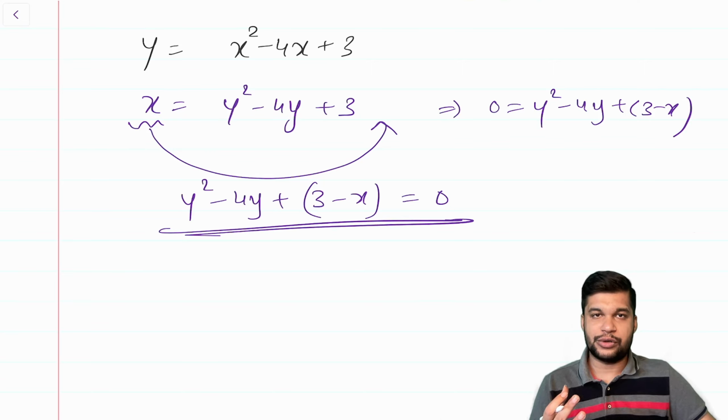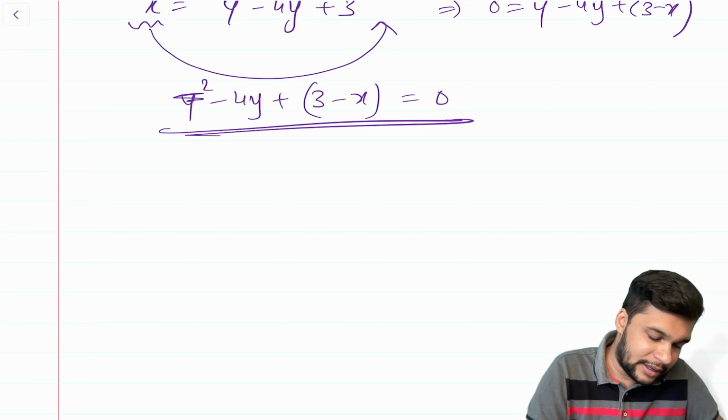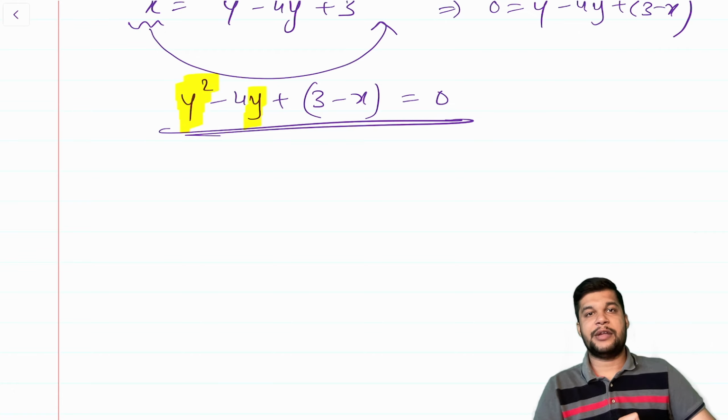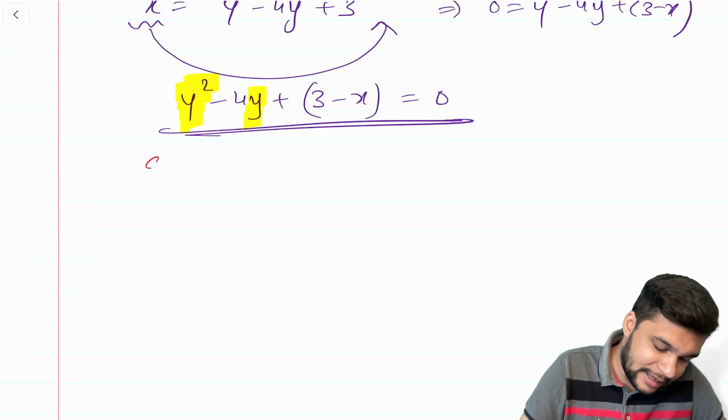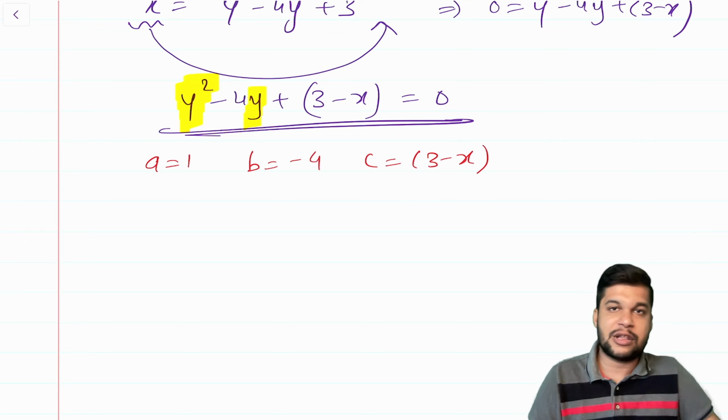Okay, I hope you understood. Now you have to make y the subject. Can I say that we have a quadratic in y, where a is 1, b is minus 4, and c is 3 minus x.